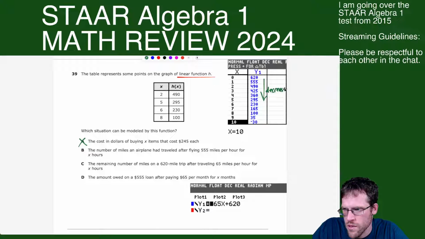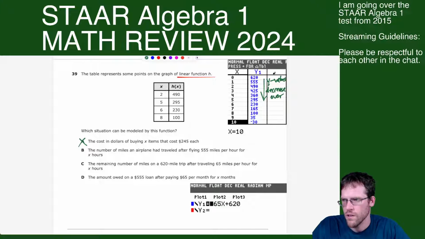Okay, these values decrease over time. So our y values decrease over time. Okay, not increase.